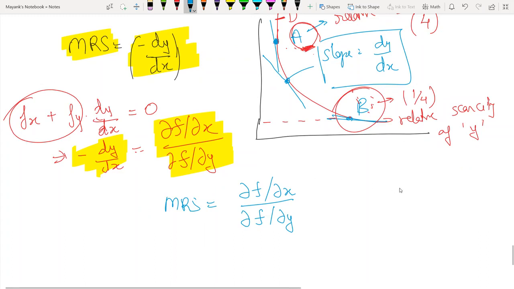The original function which we began with was u naught equals f of x comma y. So f is nothing but the utility function. So we can even write it as del u by del x upon del u by del y.